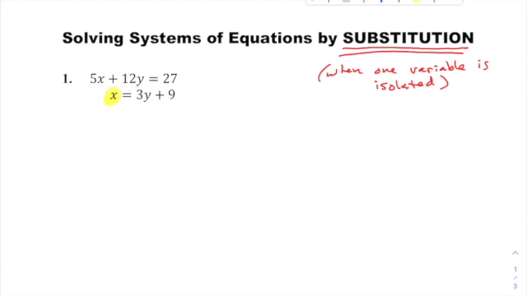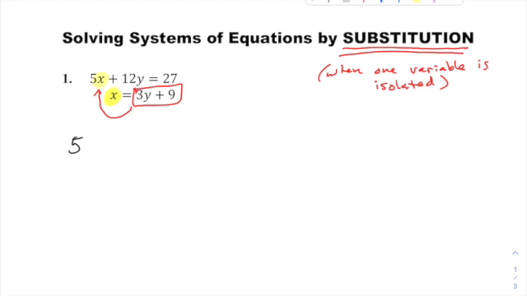And if x is equal to 3y plus 9, I'm going to go to the other equation, and where I see x, I'm going to replace it with 3y plus 9.